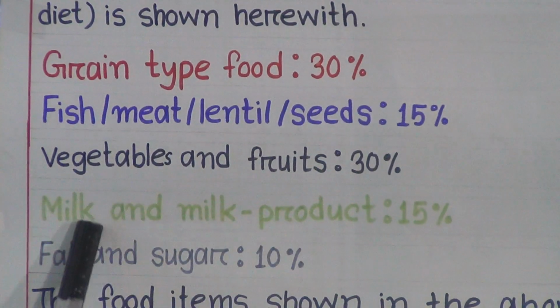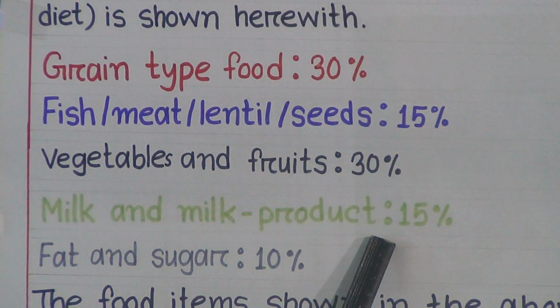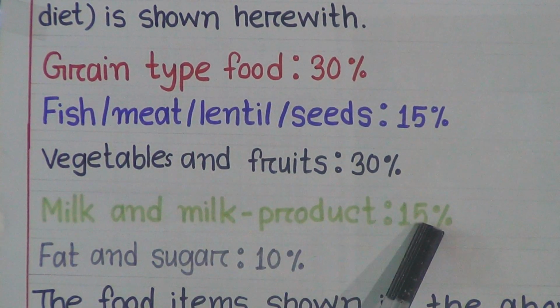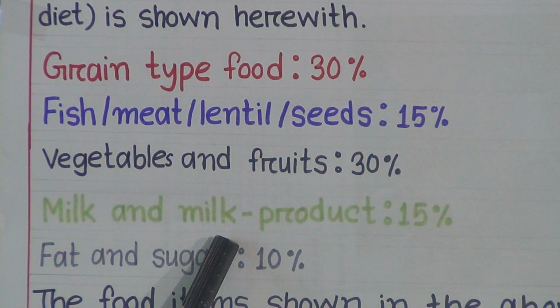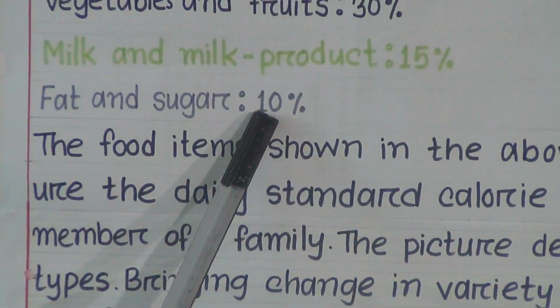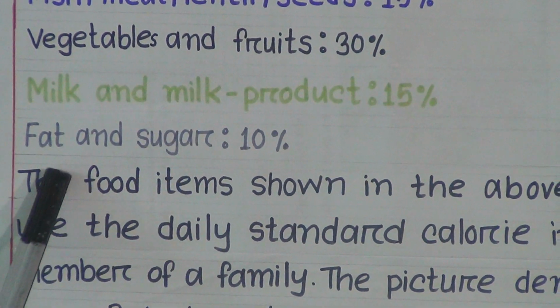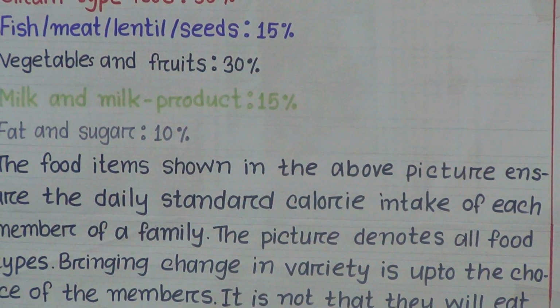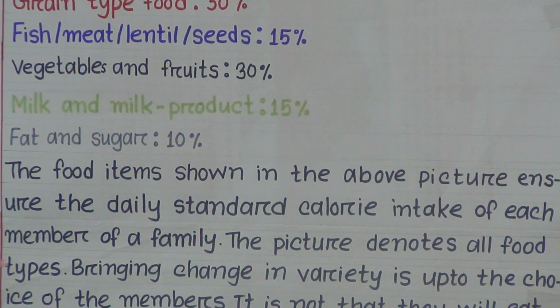As we know, milk and milk product can be good for adults, so an adult can take 15% milk and milk products. Last, fat and sugar. We know this is not good for health, but we have to take a very little amount, and the amount will be 10% for an adult.